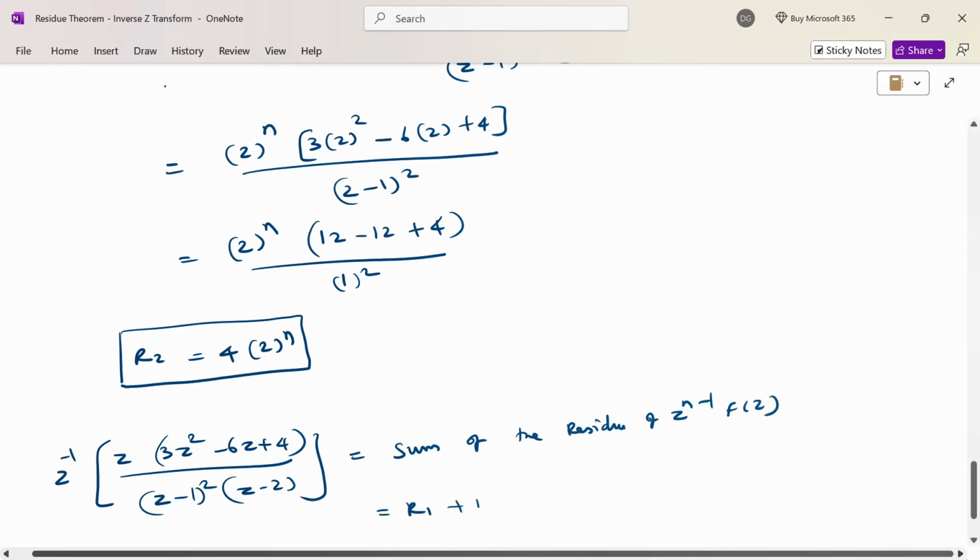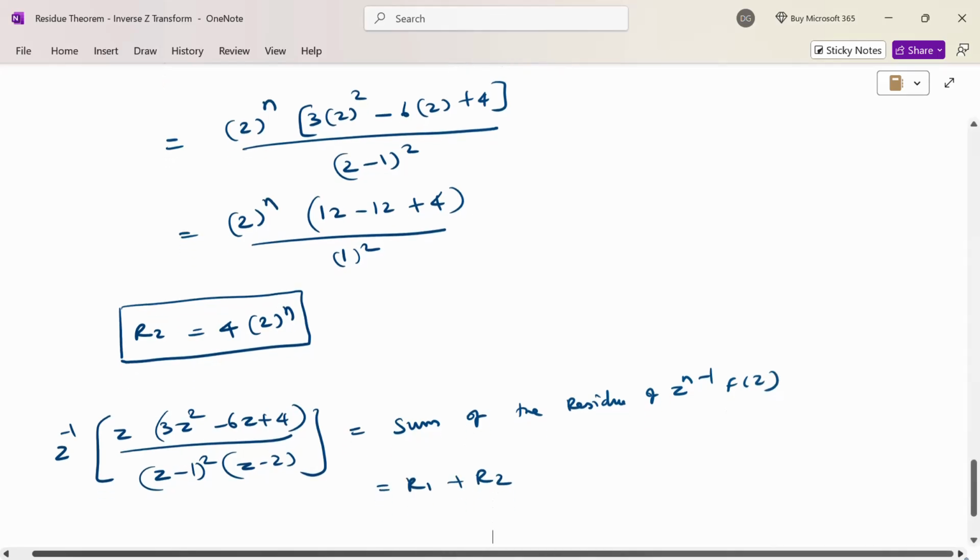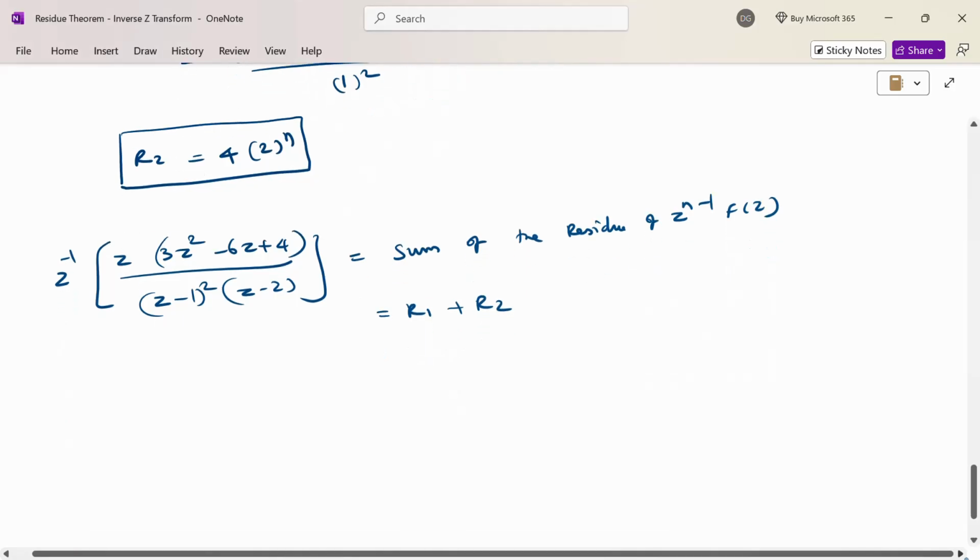So r1 plus r2. r1 is nothing but minus n into 1 power n minus 1 power n, plus r2 is nothing but plus 4 into 2 power n.